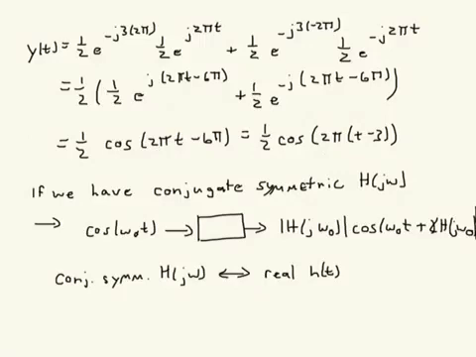Okay, so that's something else to know. Now, I didn't actually have to know this fact to solve this problem. I could always split the input up into two eigenfunctions, scale those eigenfunctions by the frequency response, and then add them back together. And I got the exact right answer.